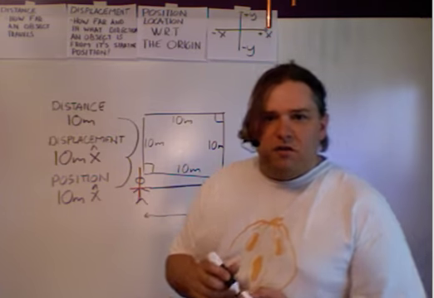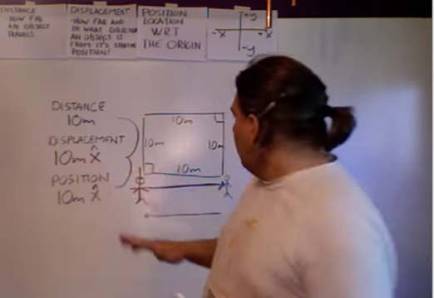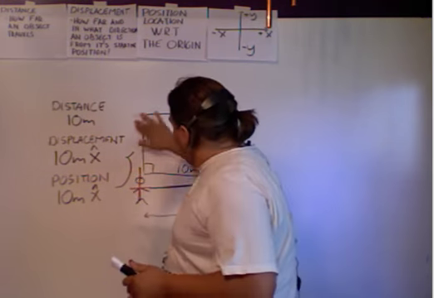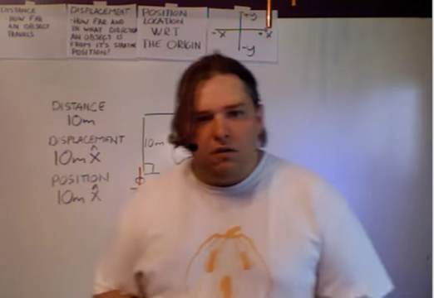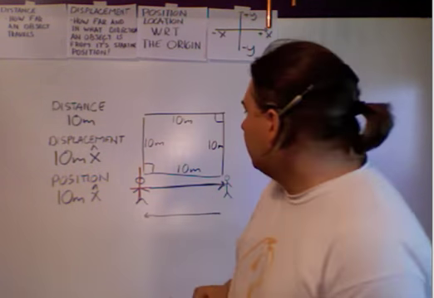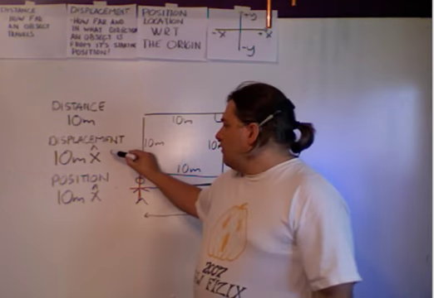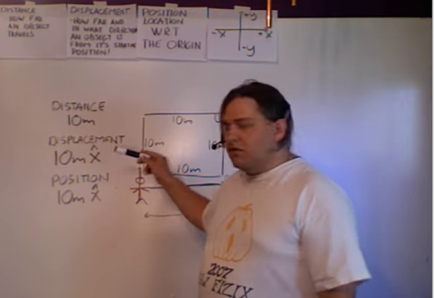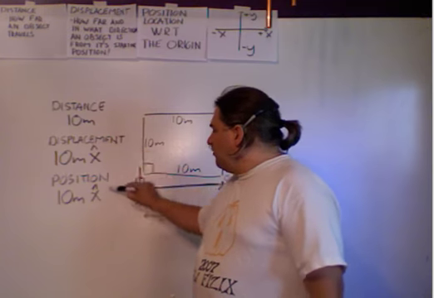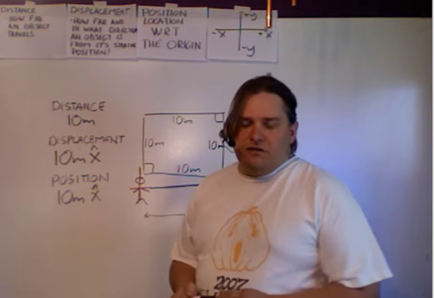Now, what I want you to do, and I'm going to make my way 3/4 around this block. I'm not going to go all the way around it. It's for you to do. What I want you to think about as you're watching this is: is there a way in which I can get a different value for displacement and position?